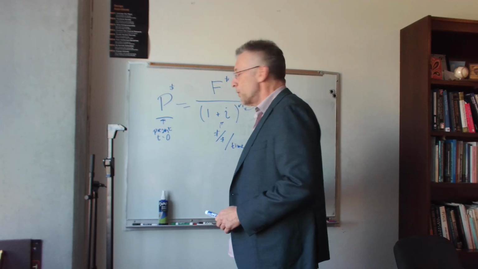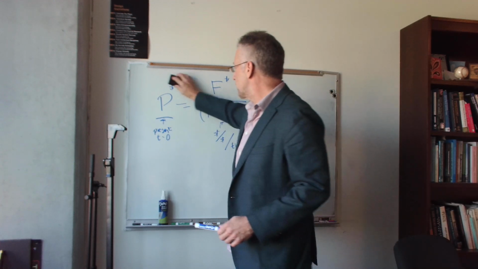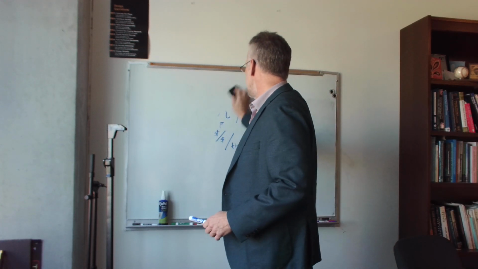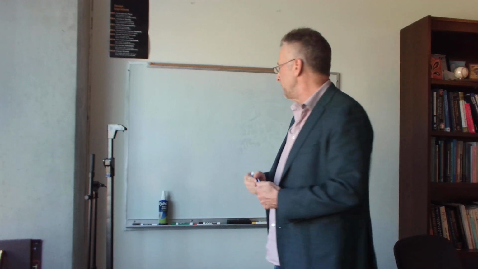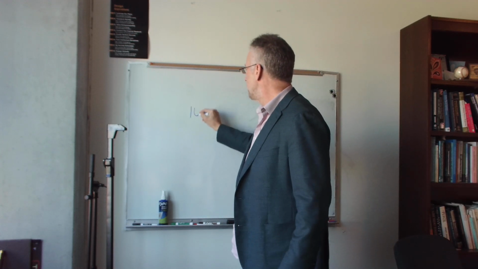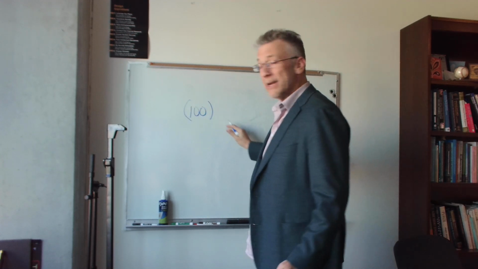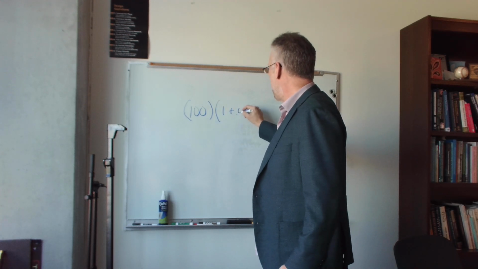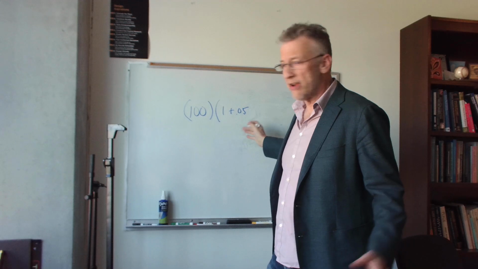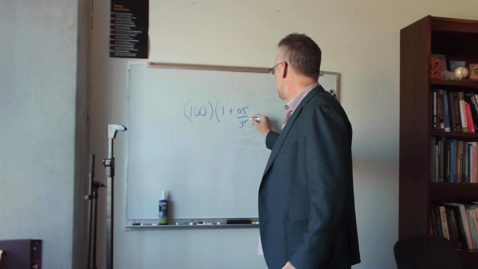And perhaps I will be able to explain. The most accessible way, the most common way to think about this is investing in a bank account. You might put in $100 and you might collect an interest rate of 0.05, that is 5% per year.